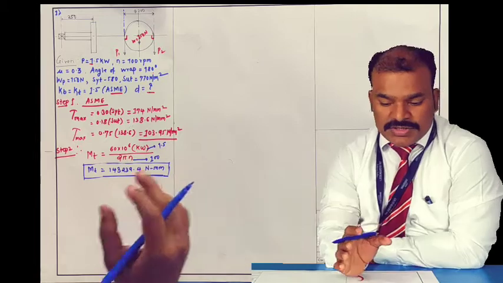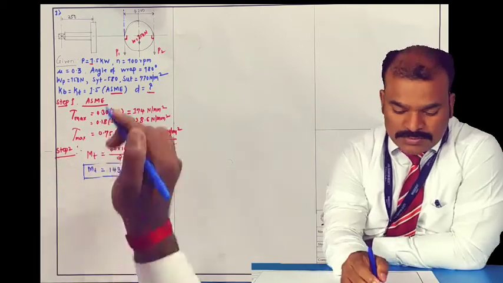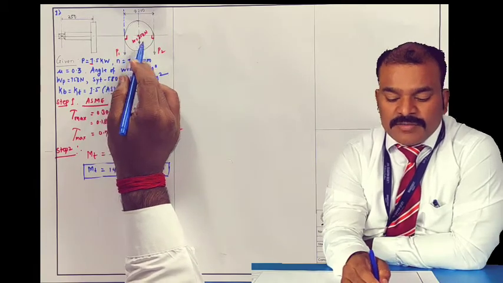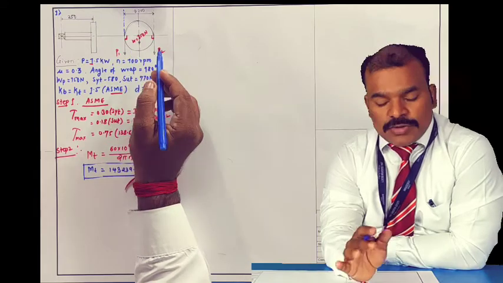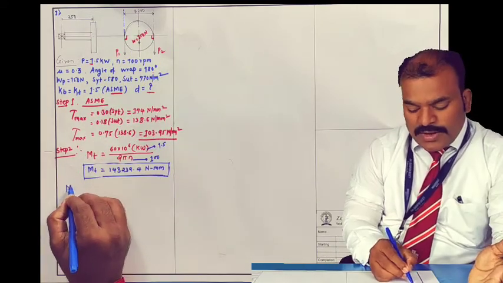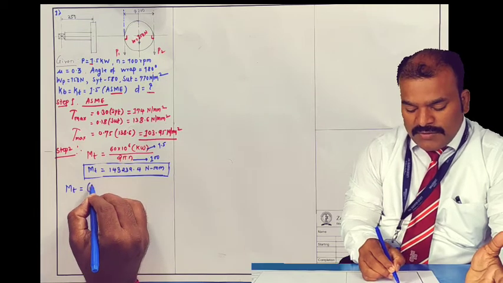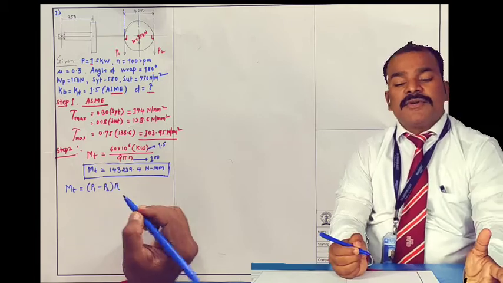Now here is the question: have they given the tension on the tight side or slack side? No. See here, weight is given, but the tension on the slack side and tight side is not given, so we need to calculate it. Our further equation is MT is equal to P1 minus P2 into radius.